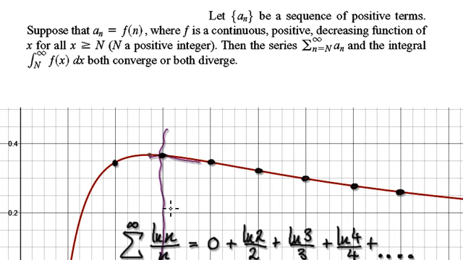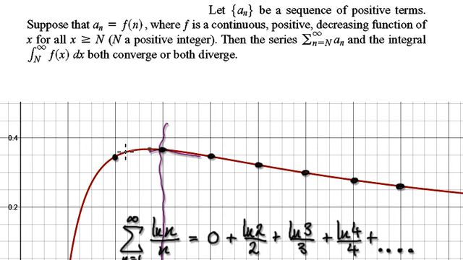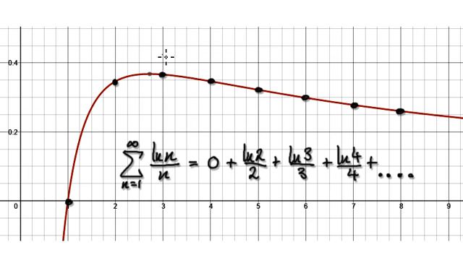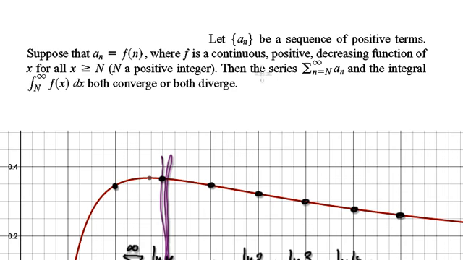So going back to here, if we set capital N to be 3, then everything here is satisfied. It's continuous, that's good. It's positive, that's good. Now it's definitely decreasing because the gradient beyond e is always negative.